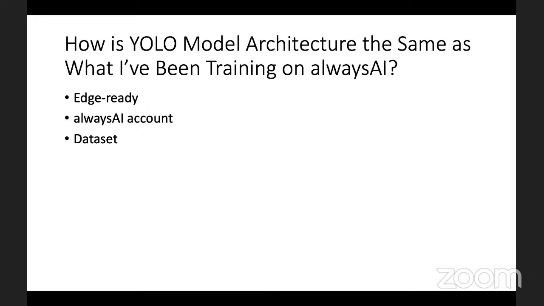What they did was essentially take the darknet implementation of YOLO's backbone and convert that into PyTorch and make a few tweaks here and there that make it easier to deploy for people that just want to get a quick deployment out.